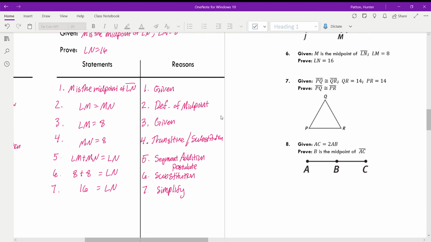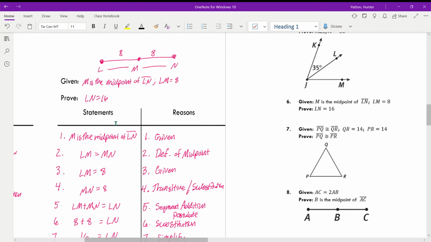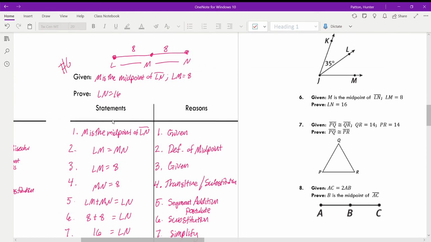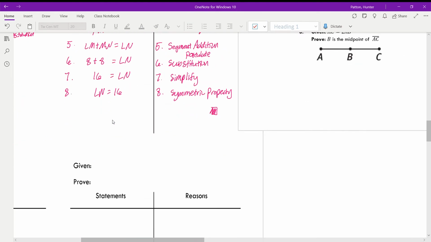I just need to swap LN and 16 on either side of the equal sign, and I can do that using the symmetric property. And with that, we're done. 8 steps, not bad. This was a little bit of a longer one, however, it's not a big deal. Okay, that was number 6. Okay, number 7.